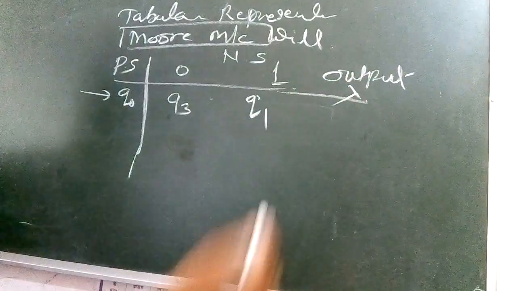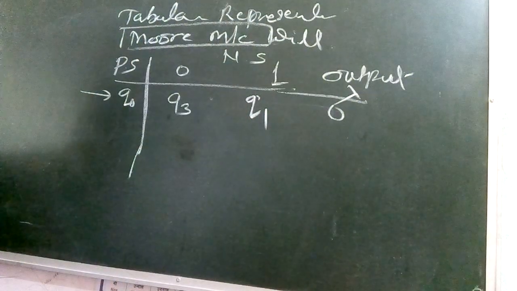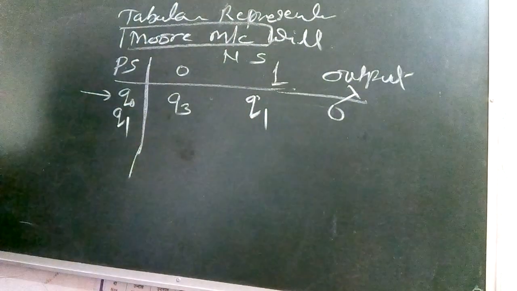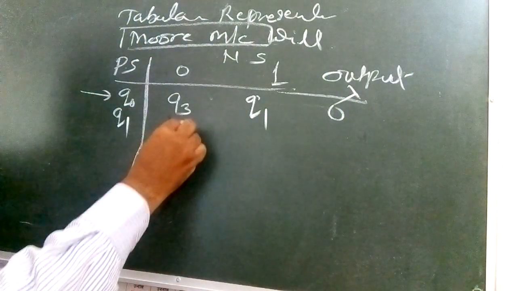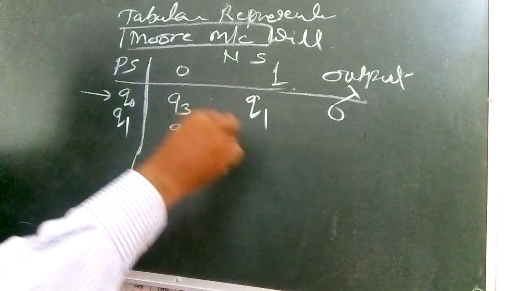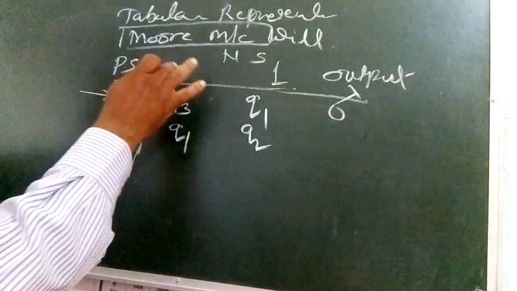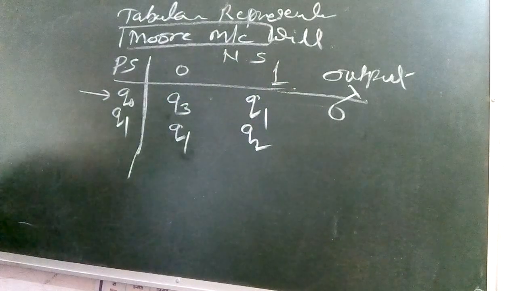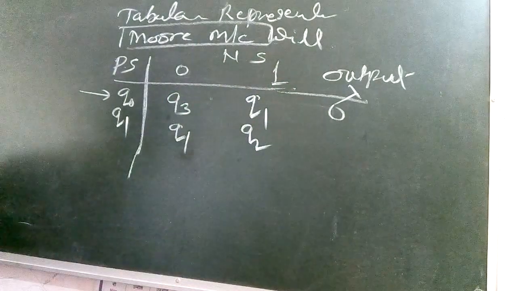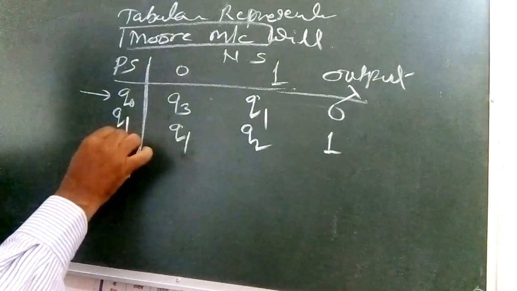At state q1, machine's next state is q1 for input 0, and for input 1 its next state is q2. Output is 1.